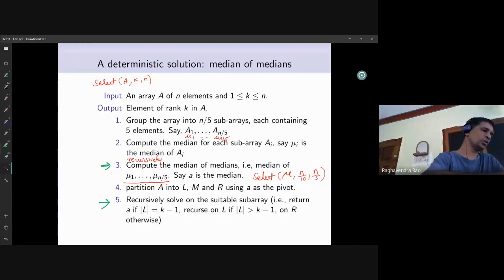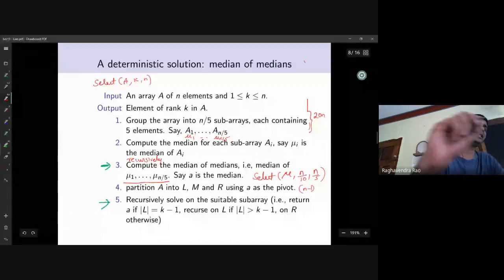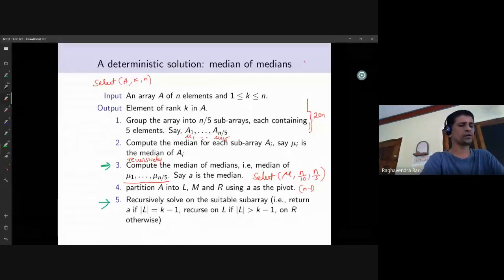So the amount of effort here is some constant times n, I'll just write it as 20n. You also need n minus 1 operations to obtain the partition. So a total of 21n operations, and we made 2 recursive calls.